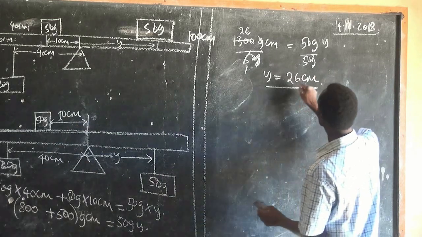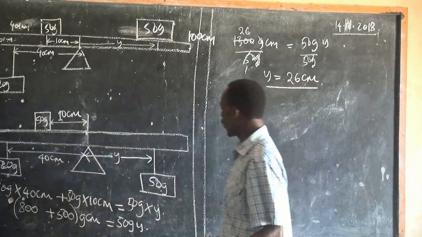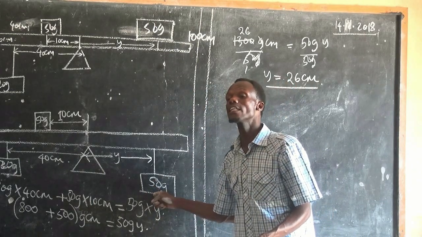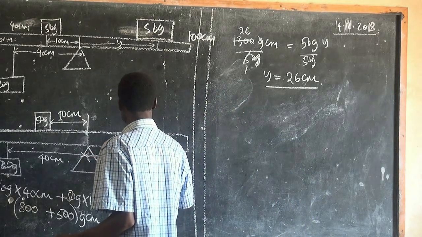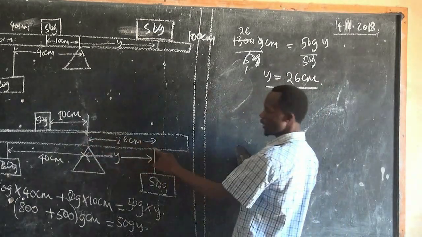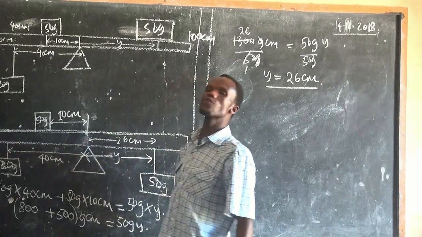Now, this 26 centimeter is from here up to here. The second 50 gram is placed 26 centimeter from the pivot. But remember, from here up to here is 50.